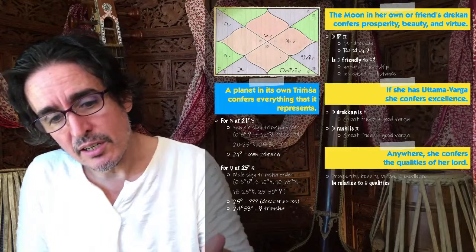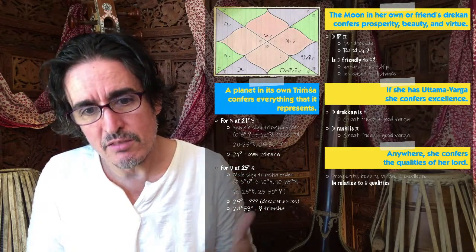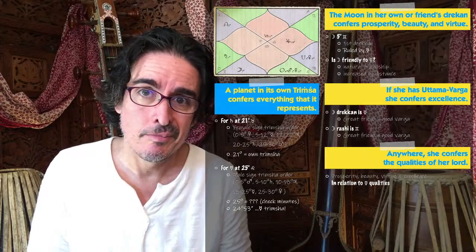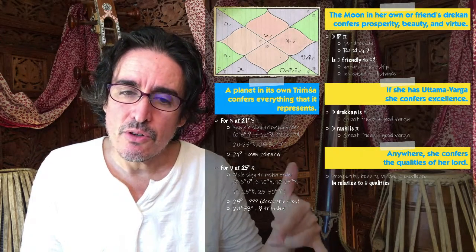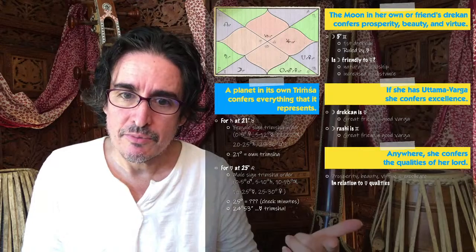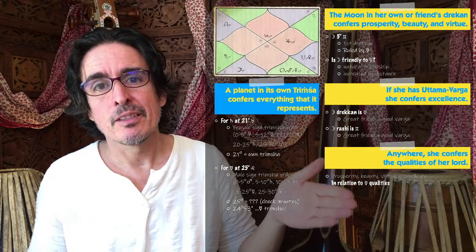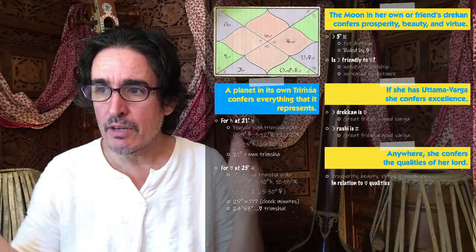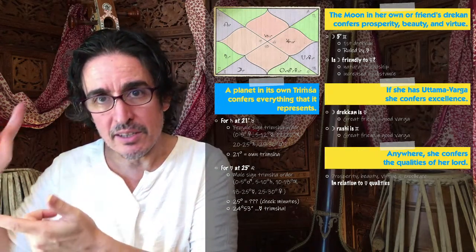So in this chart, Saturn and Mercury have the condition of being in their own Trimsha. And the result of being in your own Trimsha, in your own bounds, is that you can really be yourself. So Mercury really represents Mercury in this chart. Mercury is really about intelligence.